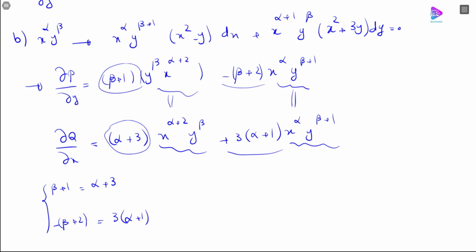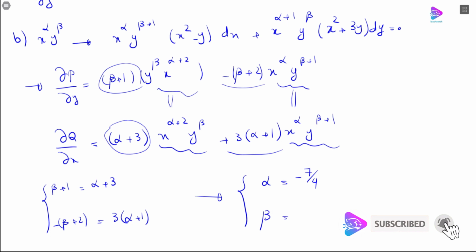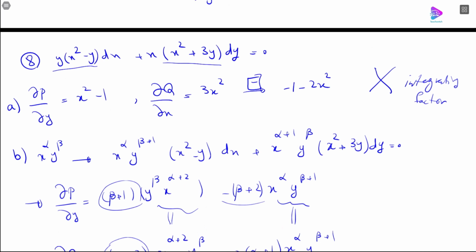If we solve this linear system of equations, we're going to end up with alpha equal to minus 7 over 4 and beta equal to 1 over 4. This is another example where our regular dp over dy and dq over dx will not give us an answer.